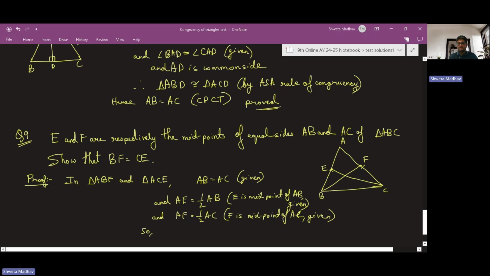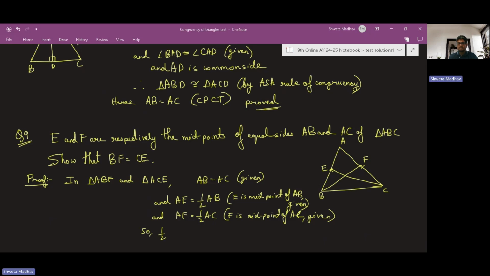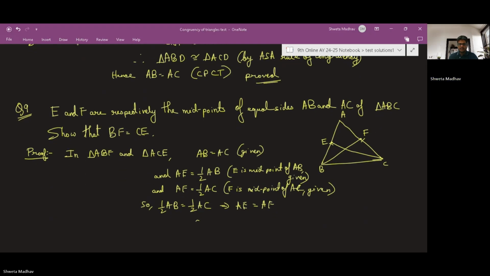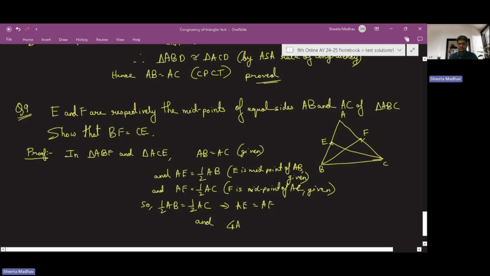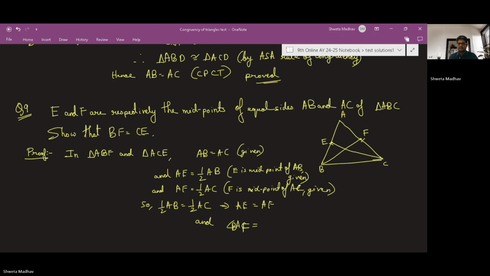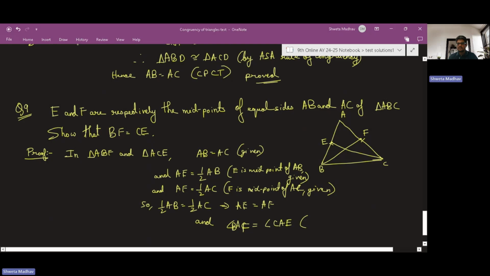So since AB is equal to AC, half of AB will also be equal to half of AC. Hence we can say that AE is equal to AF, and angle A is the common angle, which means angle BAF is equal to angle CAE.